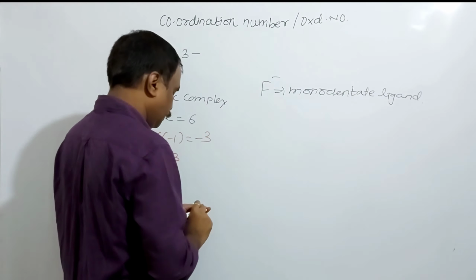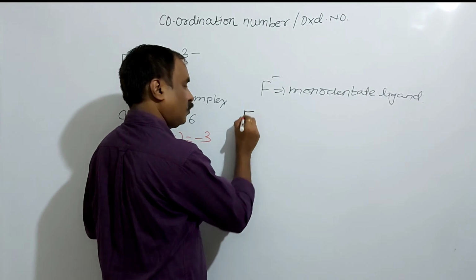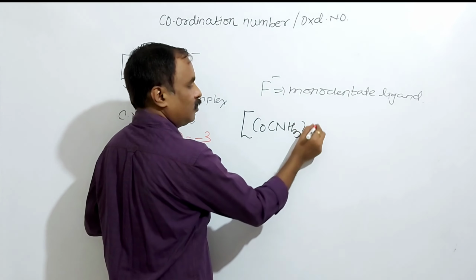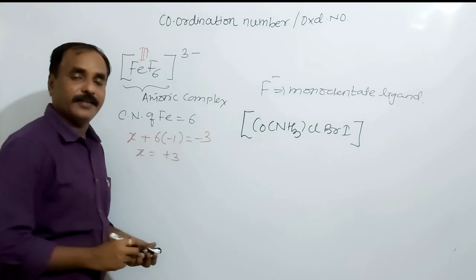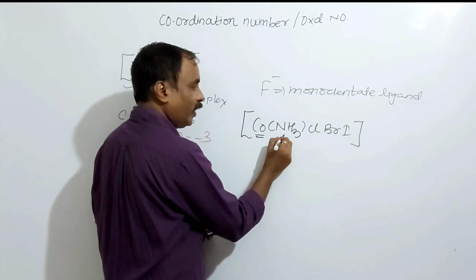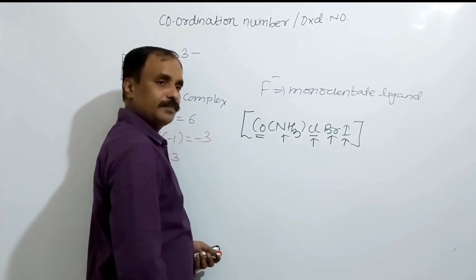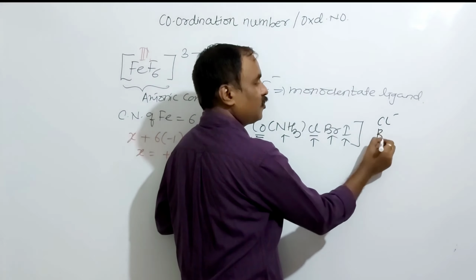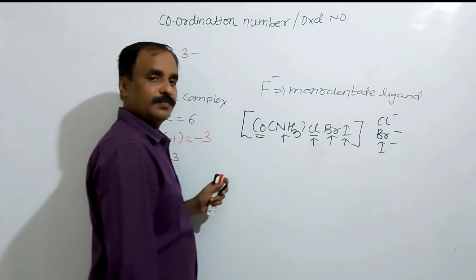Another example. Cobalt, NH3, Cl, Br and I. Suppose the complex is like this. Coordination number of cobalt: this is monodentate, this is monodentate, monodentate, monodentate. Cl carries -1, Br carries -1, and iodine carries -1.